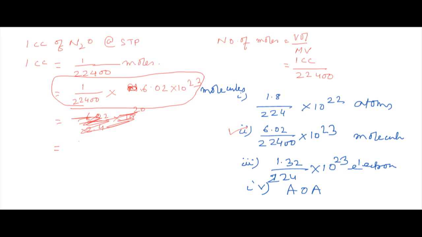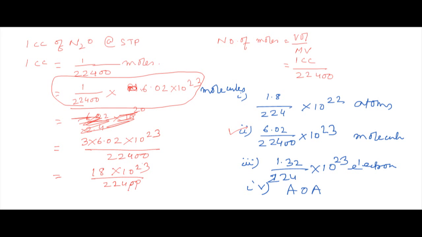So one molecule of N2O will have 3 atoms. So 3 into 6.02 into 10 to the power 23 divided by 22400. What is 3 into 6.0? It will be almost 18 into 10 to the power 23 divided by 22400.